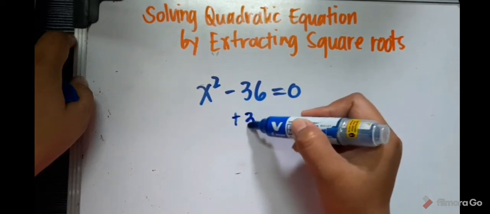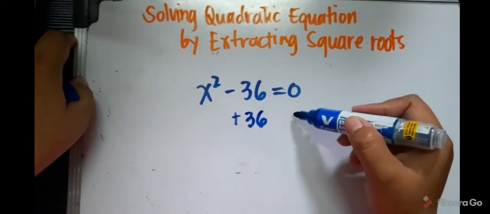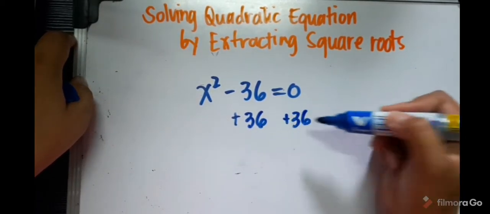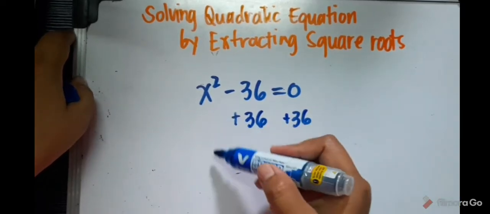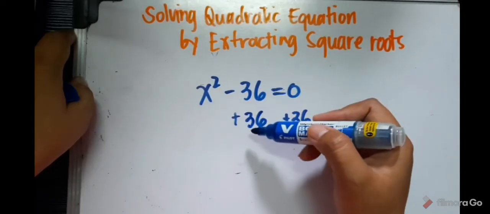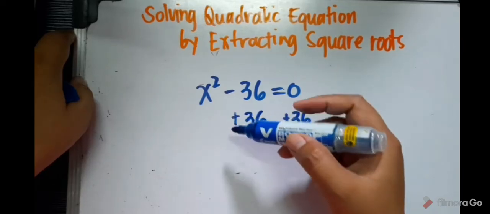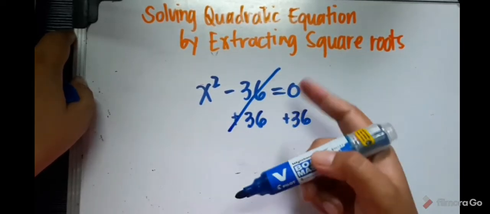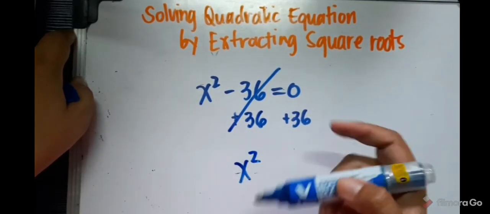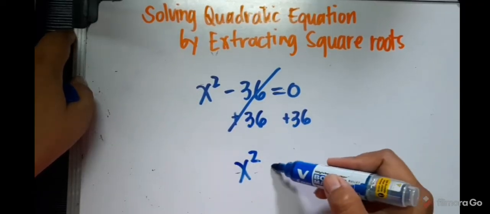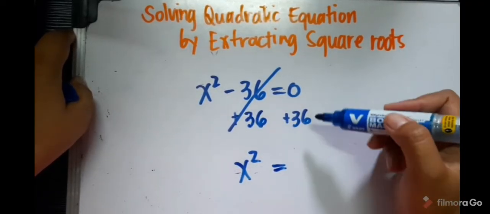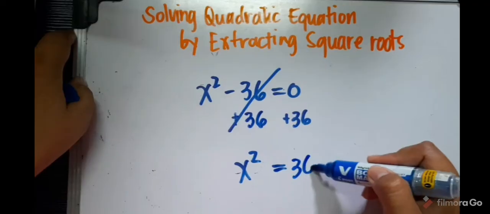Very good. So that's positive 36. We should add it to both sides of the equation. So now negative 36 plus positive 36 is equal to 0. So it's all gone. So x squared is left on that side, and 0 plus 36 is equal to 36.